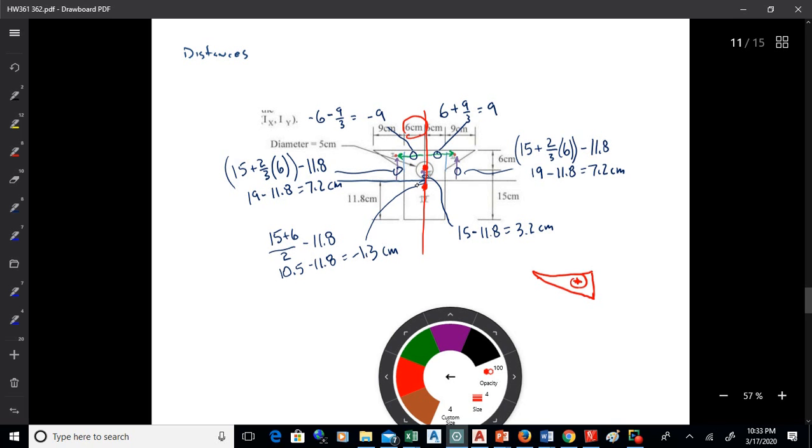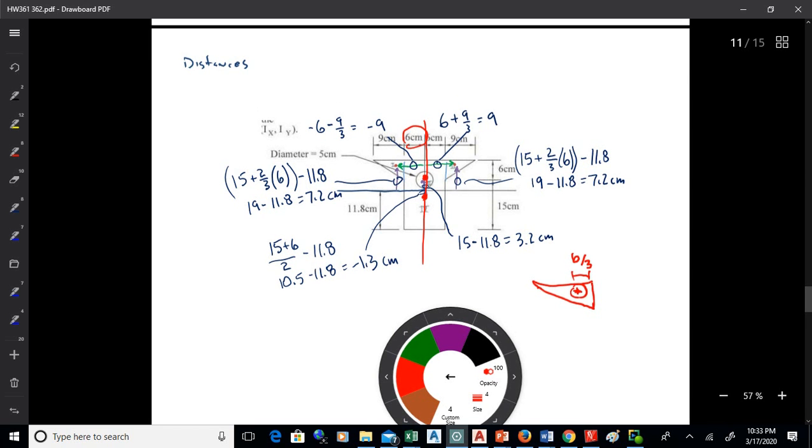That is the base over 3. So I go 1/3 of 9. So 6 plus 1/3 of 9 is 9. So it's negative 9 for the one on the left, positive 9 for the one on the right. Being as you're squaring those, the signs aren't that important. They cancel out when you square them.